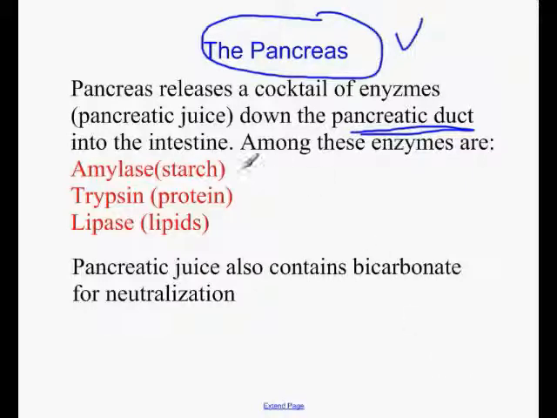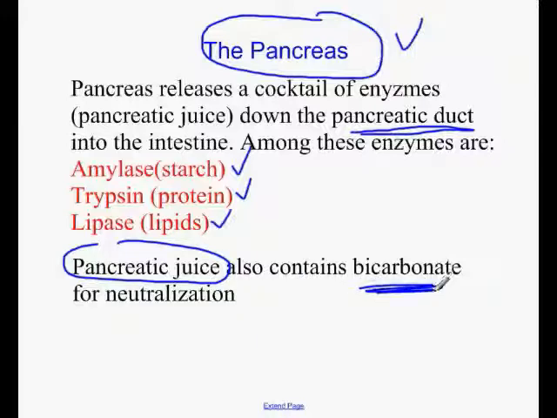Among those enzymes are amylase, who we met before in the oral cavity, so we're going to get more amylase. We're going to get trypsin. That's another big enzyme that will digest proteins. We're also going to get lipase. That's somebody who digests lipids, and lots of other enzymes. Not only that, but the pancreatic juice, which contains all these enzymes, also contains bicarbonate.